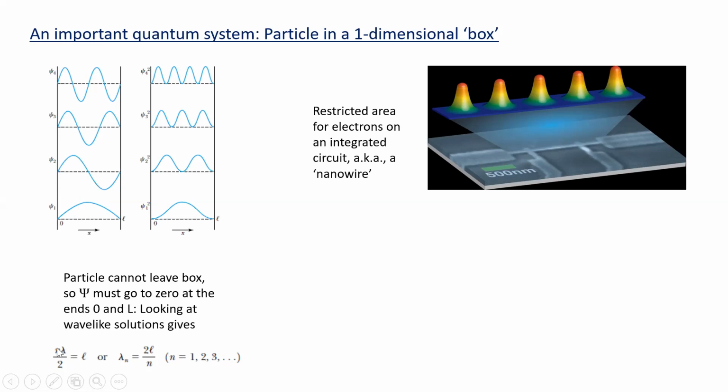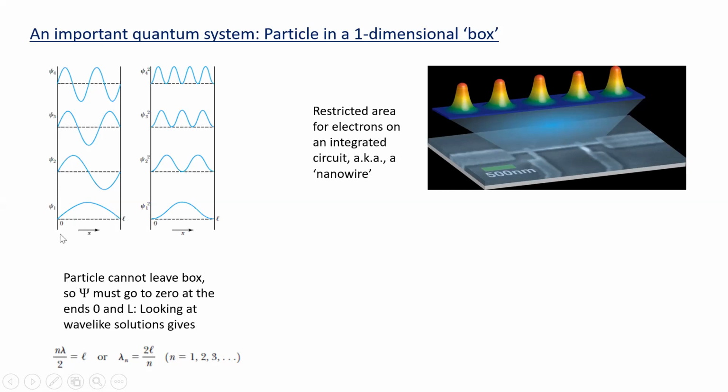So we can say that n lambda over 2 is equal to L for n equal 1, 2, and 3. Taking for example n equal 1, lambda over 2, the wavelength over 2 would be L, because the wavelength of this would actually be twice the length of the box.